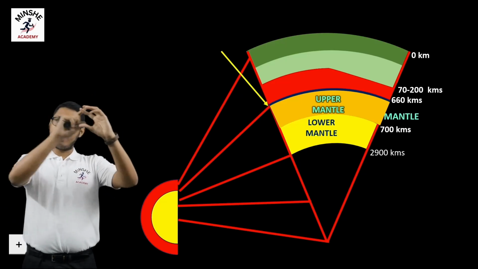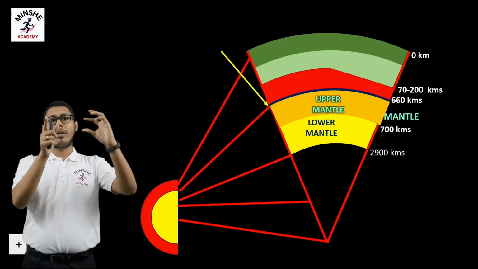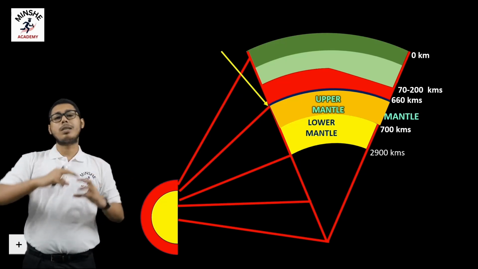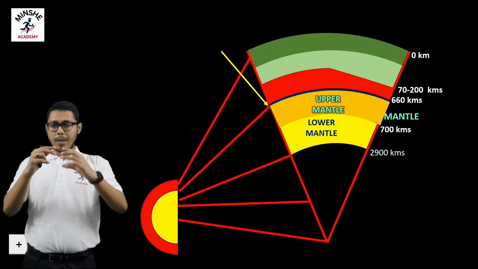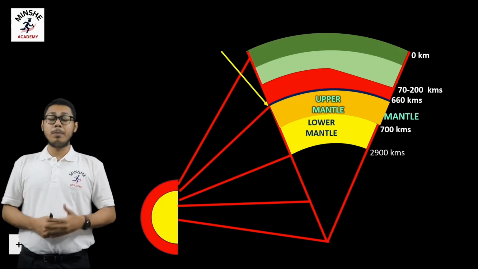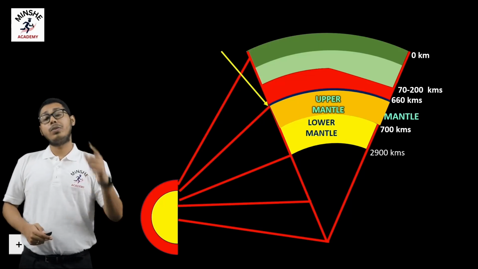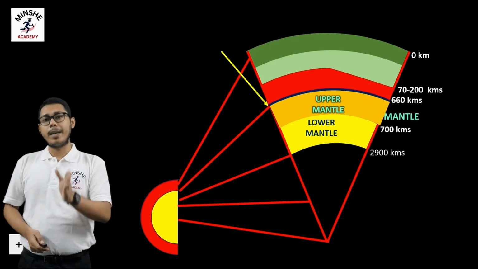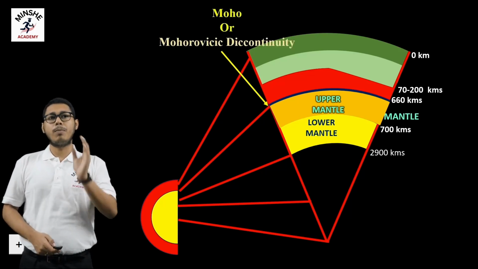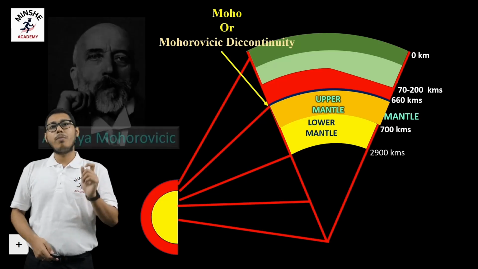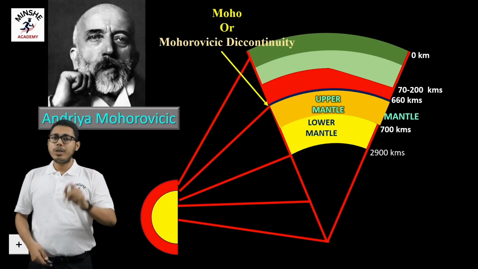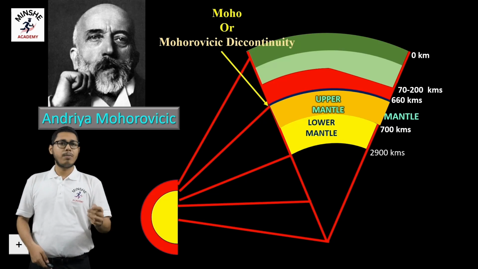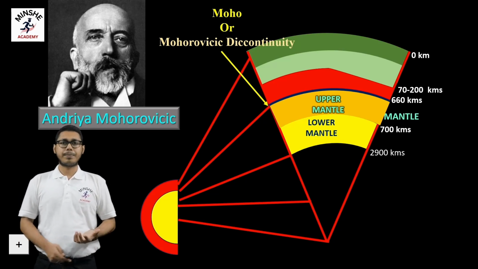The two layers of the crust are divided by the Conrad discontinuity. But the crust and the mantle are also divided, right? It has its own distinctions in terms of chemical composition. So the crust and the mantle are divided by a discontinuity known as the Moho discontinuity or the Mohorovičić discontinuity, after the famous person, Mr. Mohorovičić, who discovered the discontinuity, right?